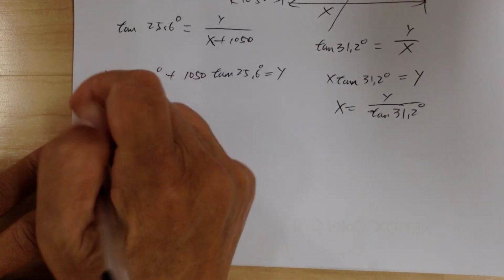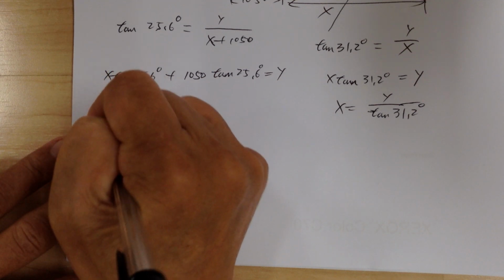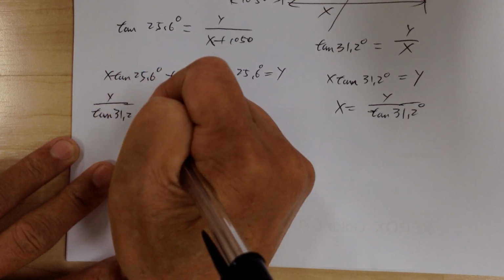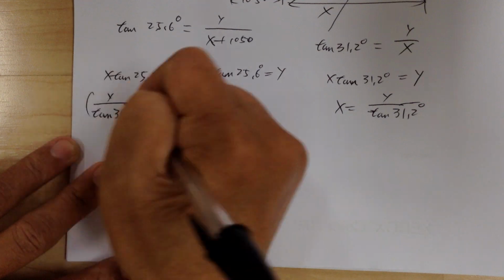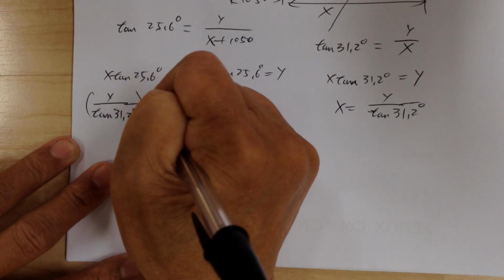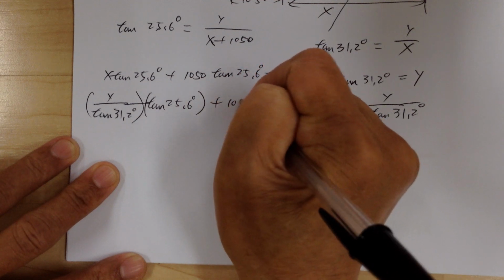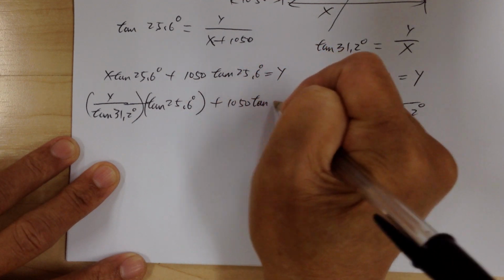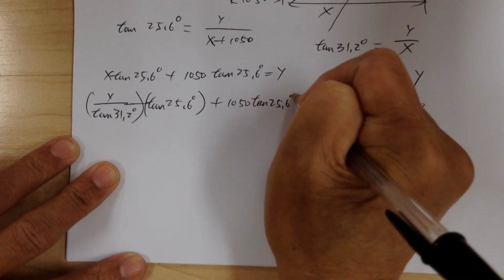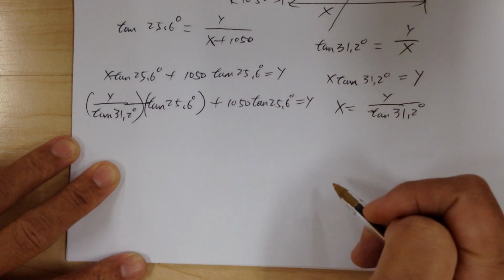So you're going to get y over tangent of 31.2 degrees, times tangent of 25.6 degrees, plus 1050. It's kind of a messy equation, but you just apply the basic algebra, right?